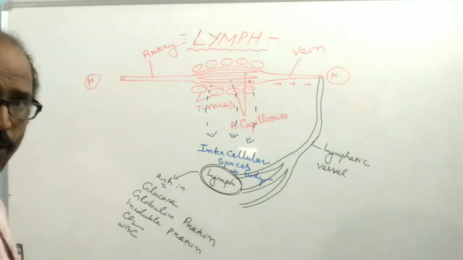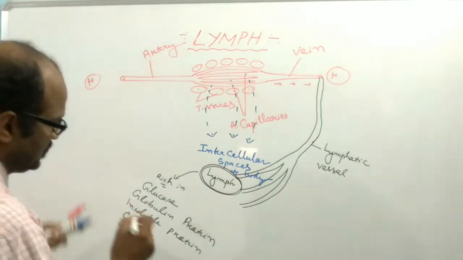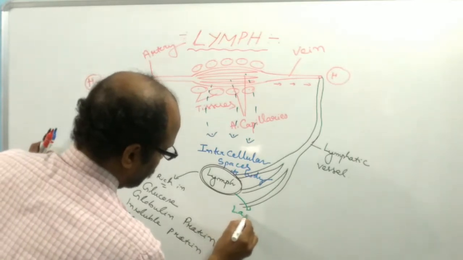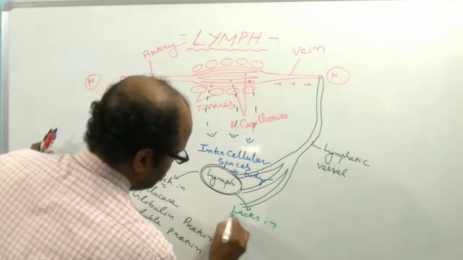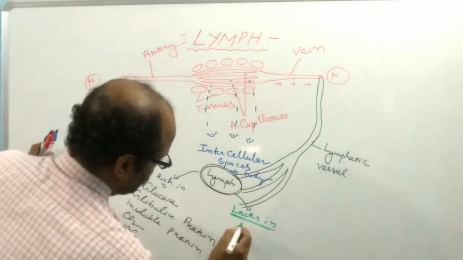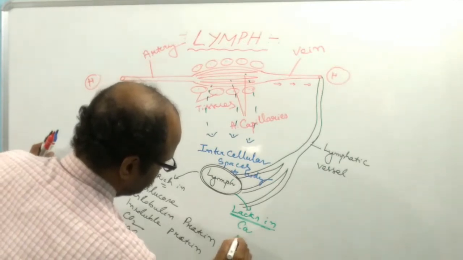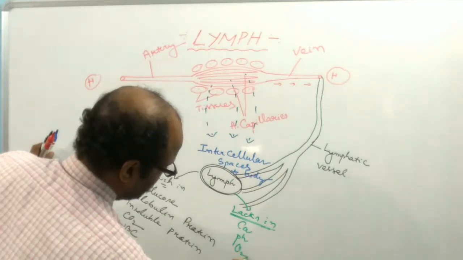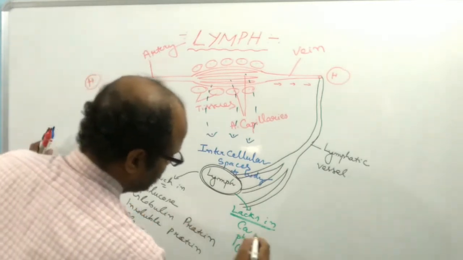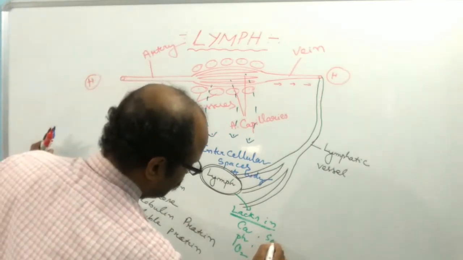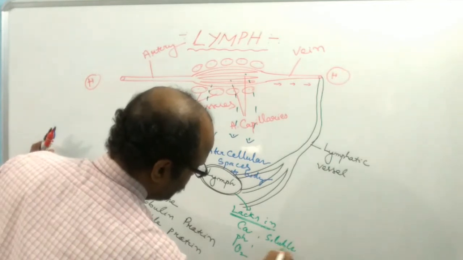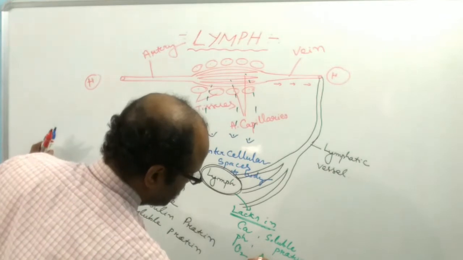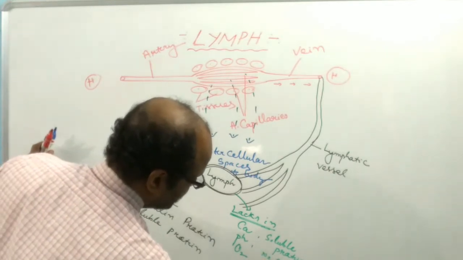Such lymph also lacks calcium, phosphorus, oxygen, soluble protein, and has no RBC.